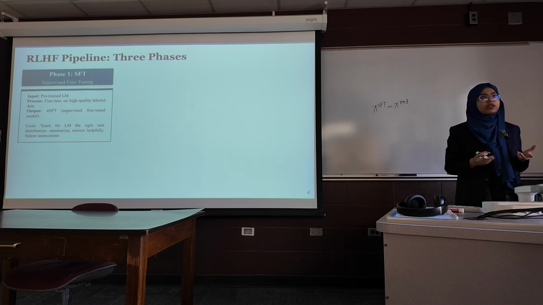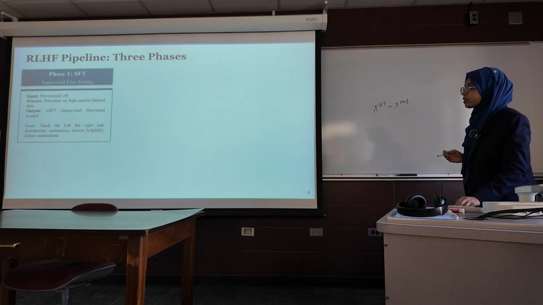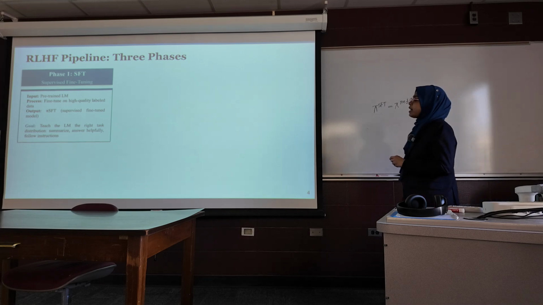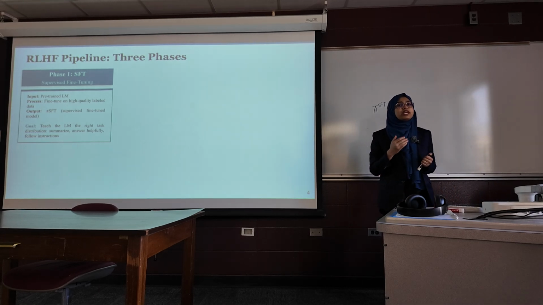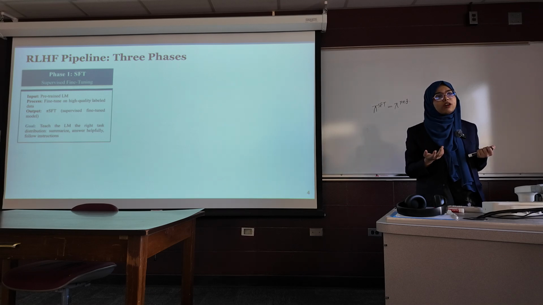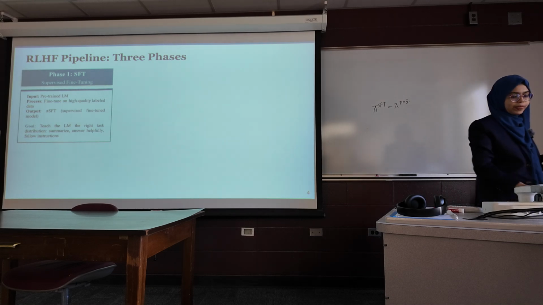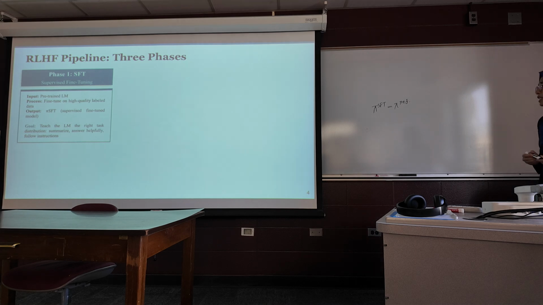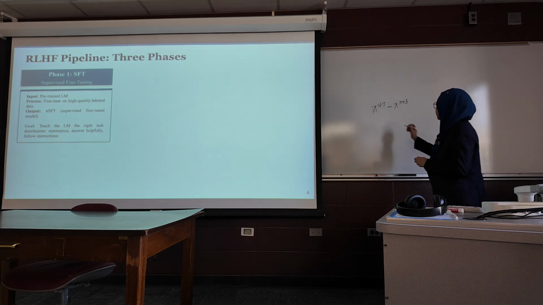So what's the goal? Why do you need to fine-tune a pretrained LLM? You want to make sure that your LLM is still able to do generic tasks, for example, summarization, text generation, or communication. So this is phase 1, and the objective is pretty simple because it's a basic language model. The objective is something like this.